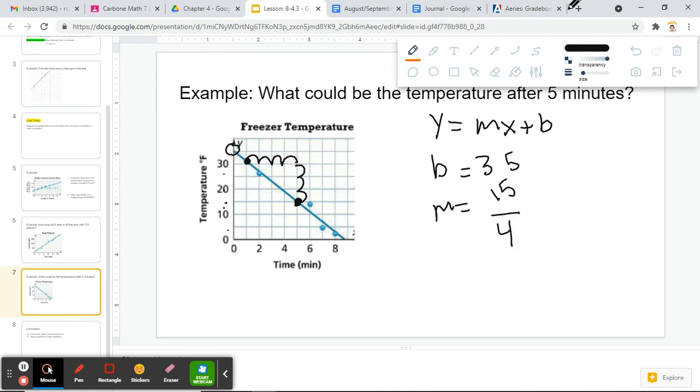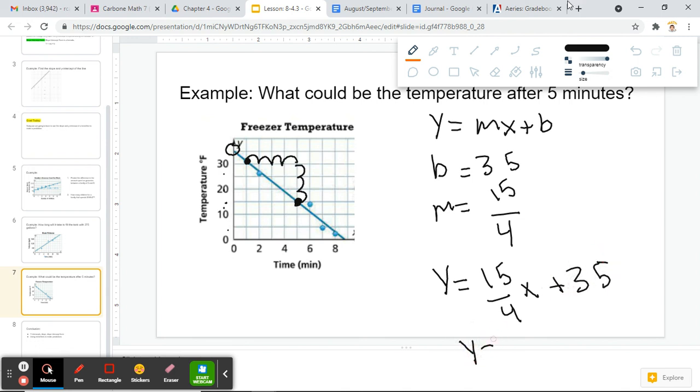So 15 over 4. So going to our formula, we have y is equal to 15 fourths times x plus 35.